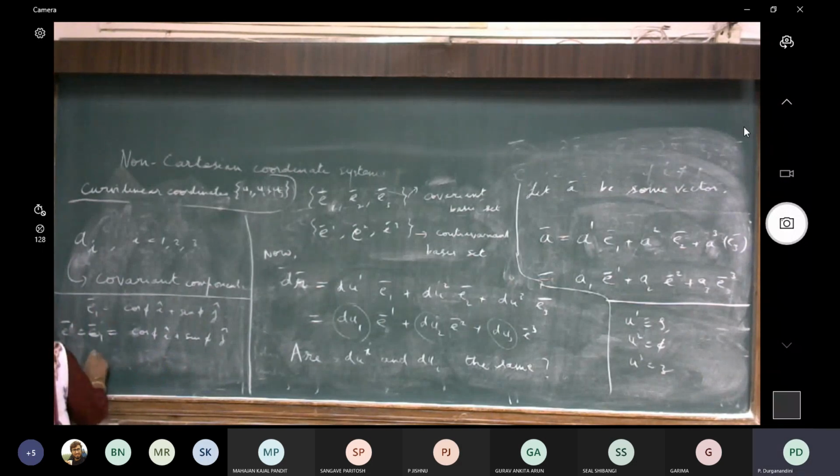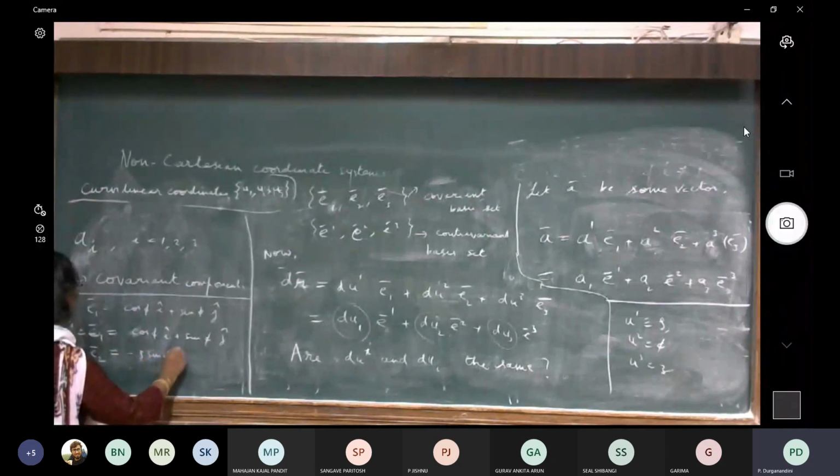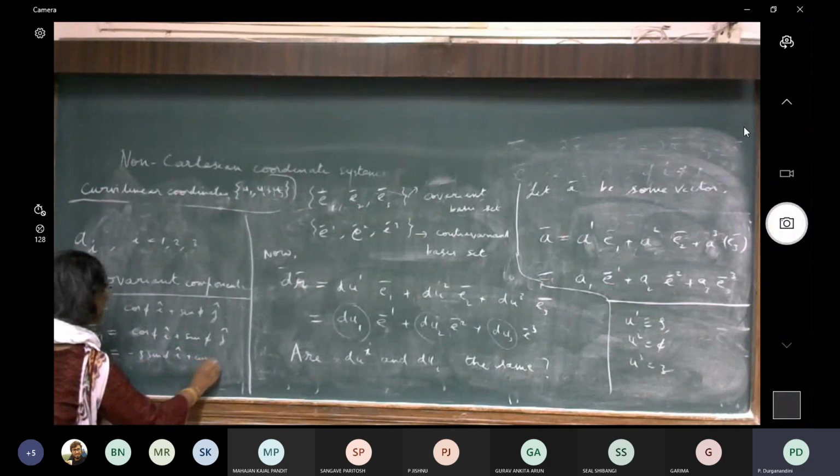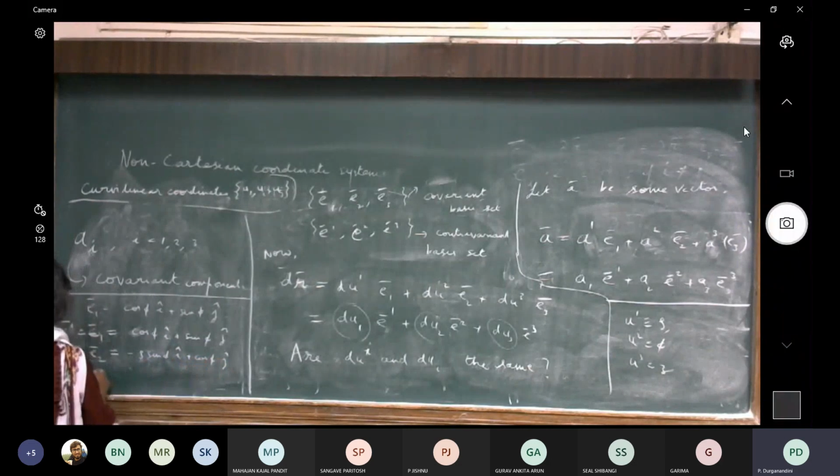But if you look at the covariant E2, by definition this was minus rho times sin phi i cap plus cos phi times j cap. On the other hand, the contravariant E2, which is equal to epsilon 2, will be equal to 1 by rho square, what did I get, 1 by rho square sin phi.